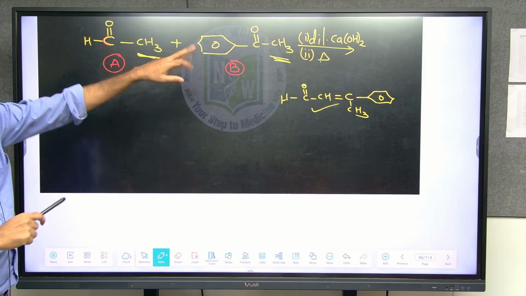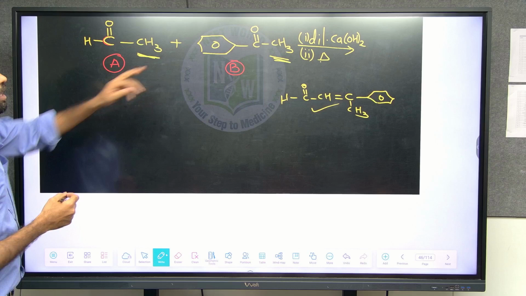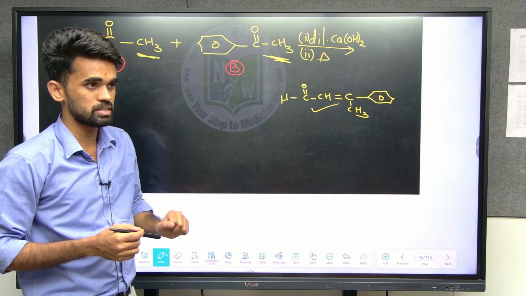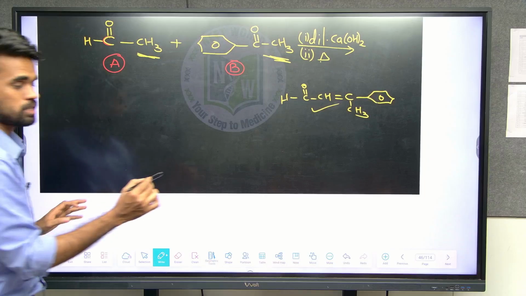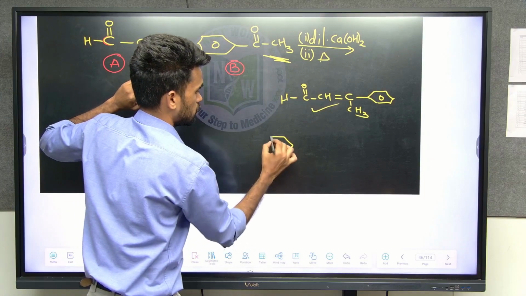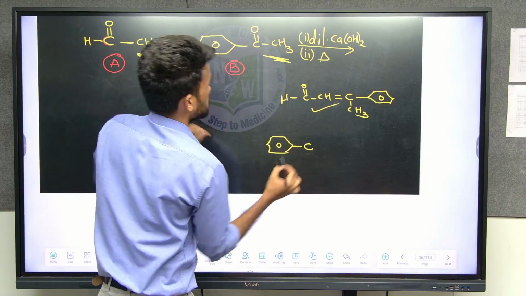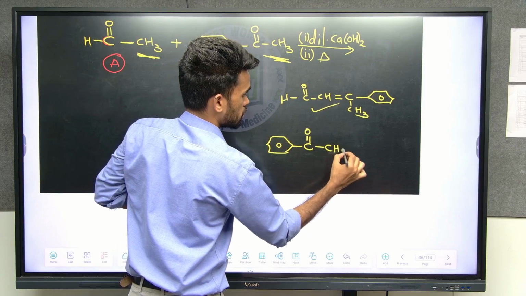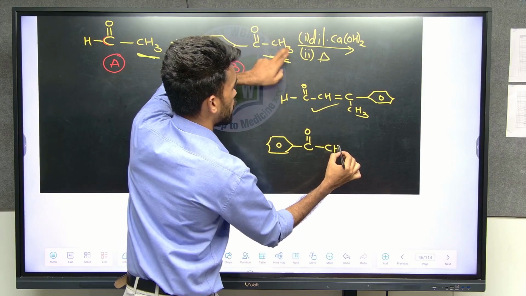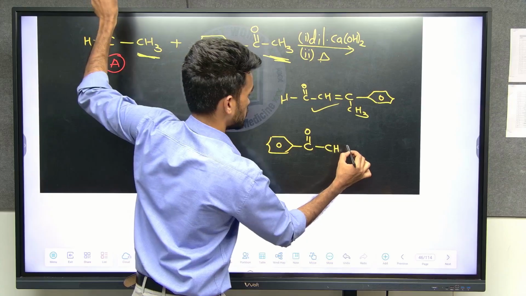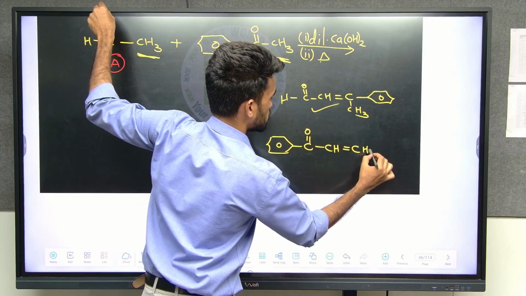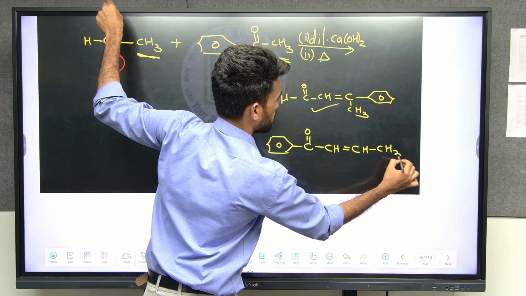A compound I have taken alpha hydrogens. Now we can also take it from B also, because B also has alpha hydrogens. Now tell me what is the direct final product? C double bond O, CH, remove these two hydrogens and this oxygen. After removing C, H, perfect.